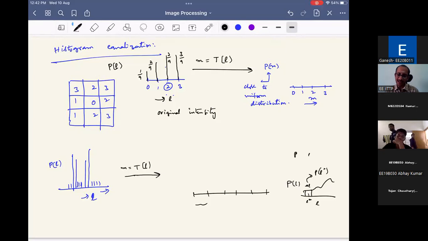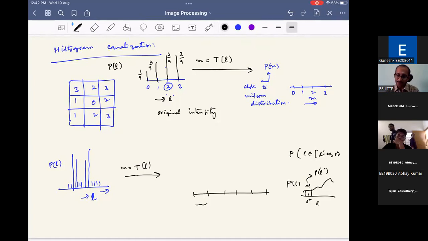So it is the probability of L belonging to the range L star to L star plus delta L, or L star minus delta L to L star plus delta L. That's what we do, right? And we get that value by integration, is it not?